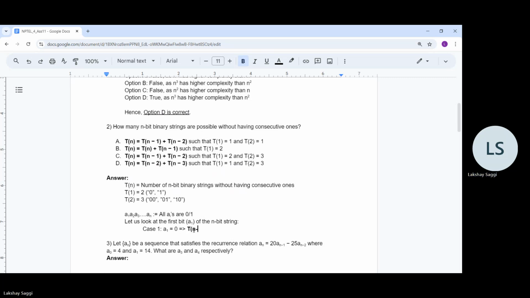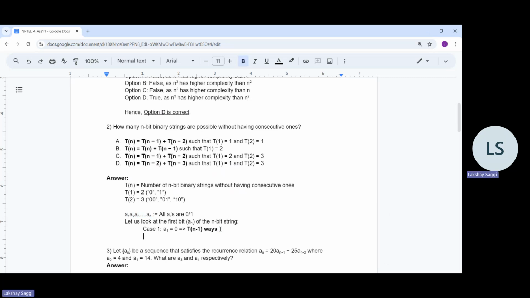So we'll have T of n minus 1 ways, because these n minus 1 bits can be set to anything such that they don't have consecutive ones. Then case 2 is when A1 is equal to 1.